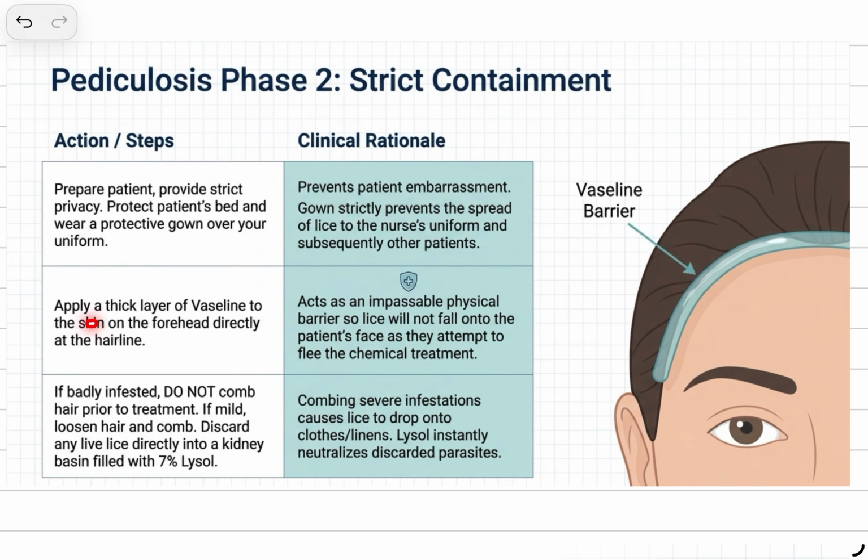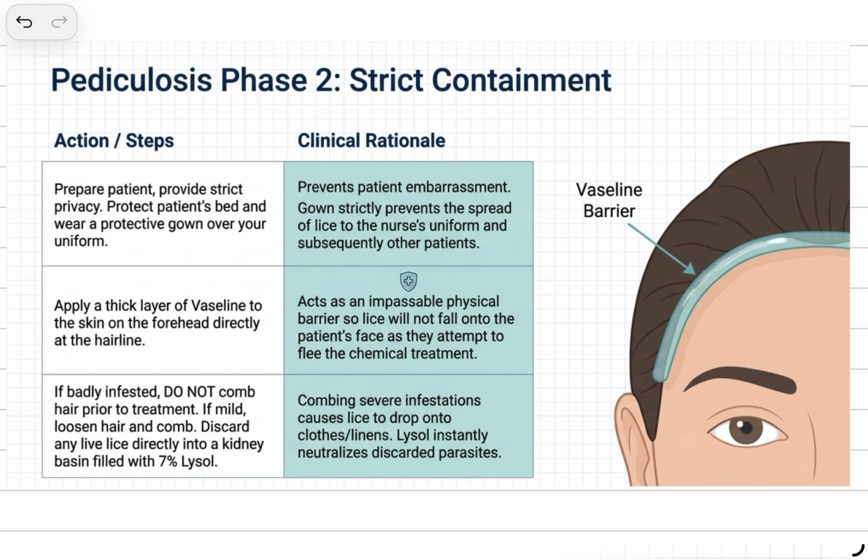So why do we need to apply the thick layer of Vaseline? To create an impassable physical barrier so lice will not fall onto the patient's face as they attempt to flee the chemical treatment. Which is the chemical treatment you are giving? Lysol, or the kerosene and coconut oil mixture.